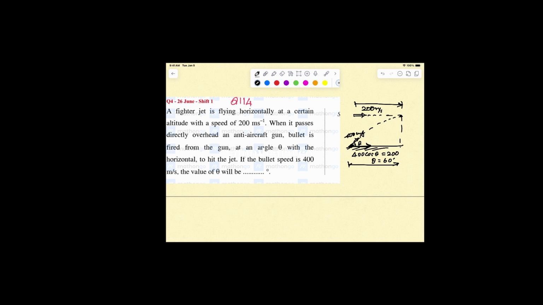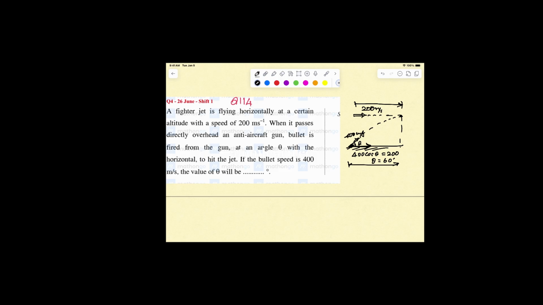Understood this? We are saying that the horizontal component of velocity, which is uniform, is given by 400 cos theta. Therefore, this should be the same as the fighter jet's horizontal uniform velocity of 200, so that it will hit it at some particular height at some particular point of time.